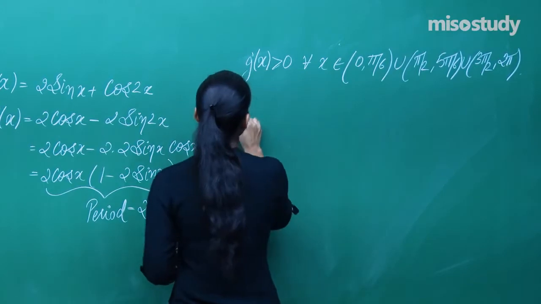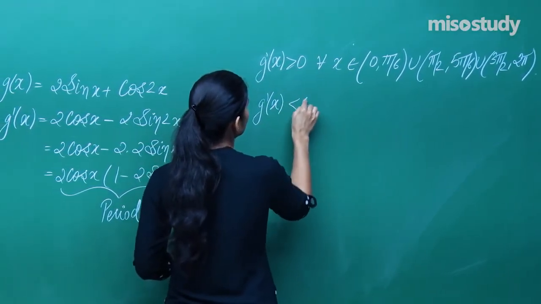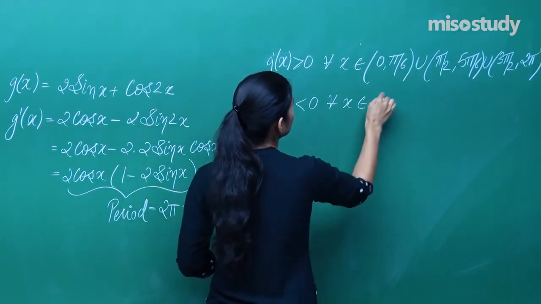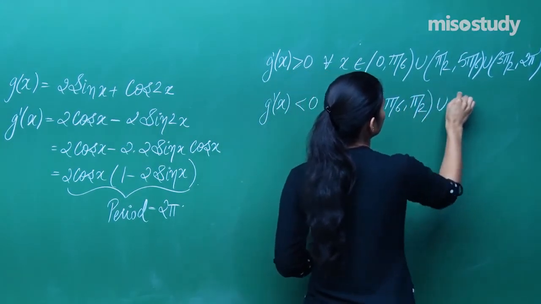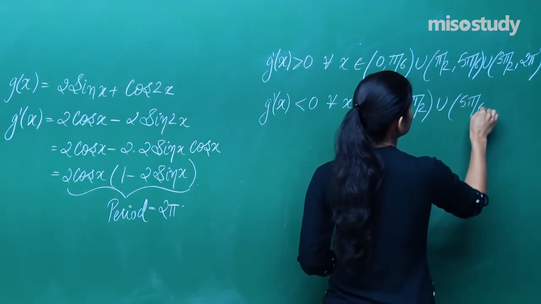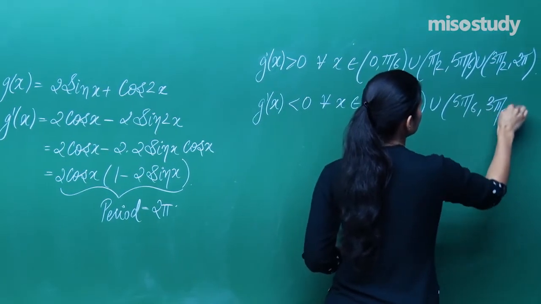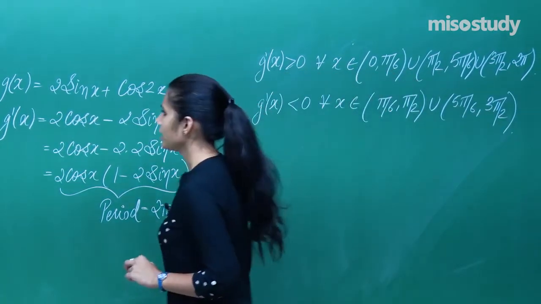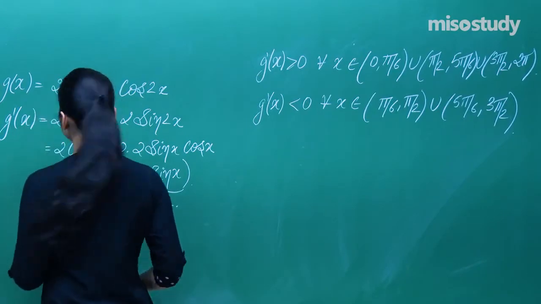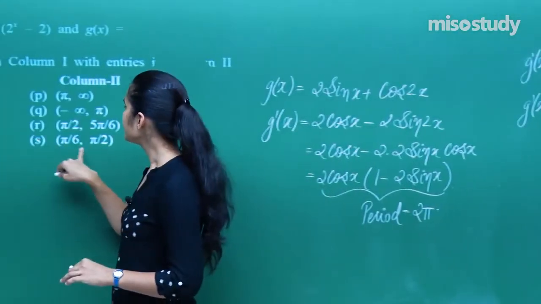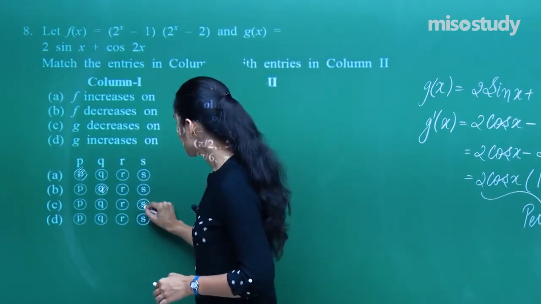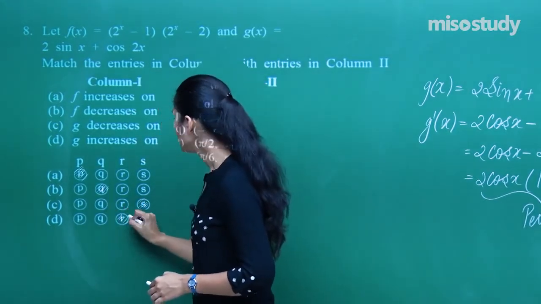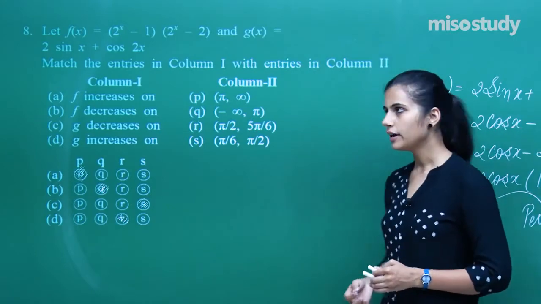And therefore it decreases on pi by 6 to pi by 2 union 5 pi by 6 to 3 pi by 2. So now I know it increases in R and decreases in S. So C gets mapped to S and D gets mapped to R. Fine.